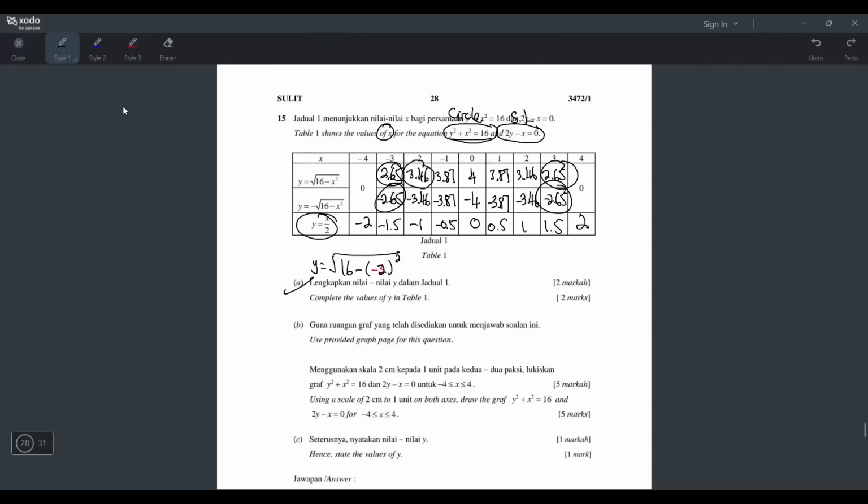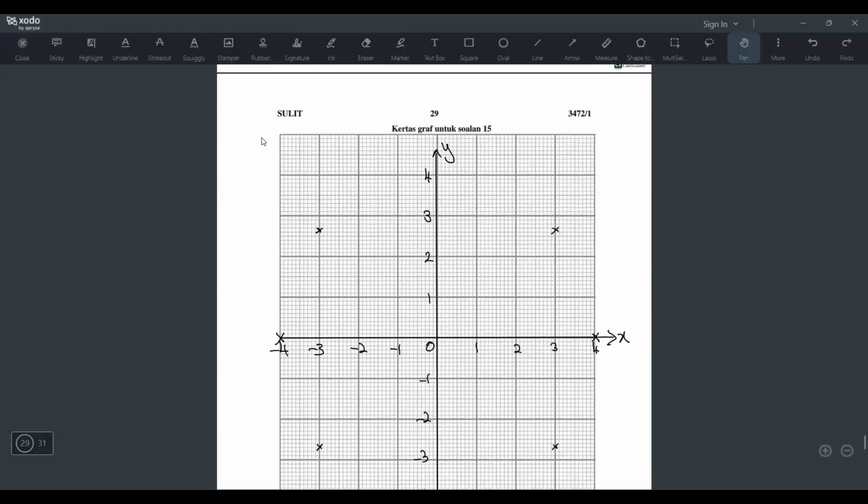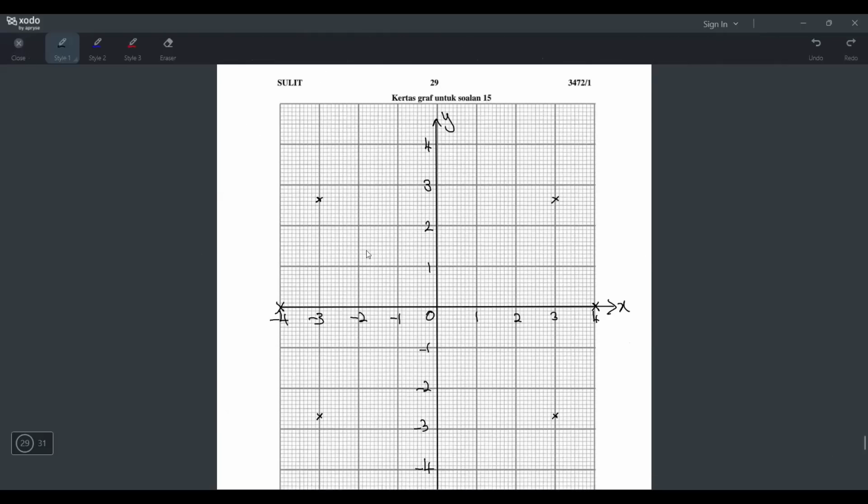Okay, now let's do the next point. Negative 2, 3.46. So negative 2 is here. 3.46 is just 3. Tambah 1, 3.1. Tambah lagi 3.2. Tambah 3.3. Here 3.4. And if you tambah lagi 3.5. So 46 is like somewhere here, right? And then negative 3.46 is also same. Like lebih kurang here lah.